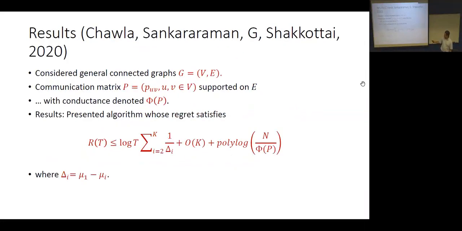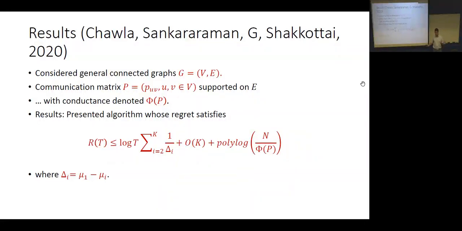So, and then in follow-up work with Ronshi Chawla, we also then considered more general graphs. This matrix P tells you the probability with which you are going to communicate with different neighbors in each time step. The conductance of this probability matrix plays a role in the bounds we get.